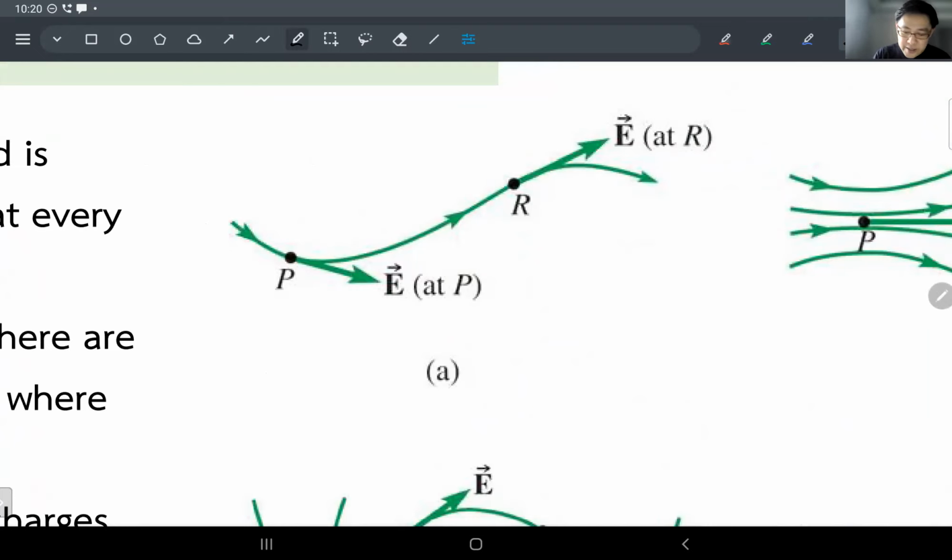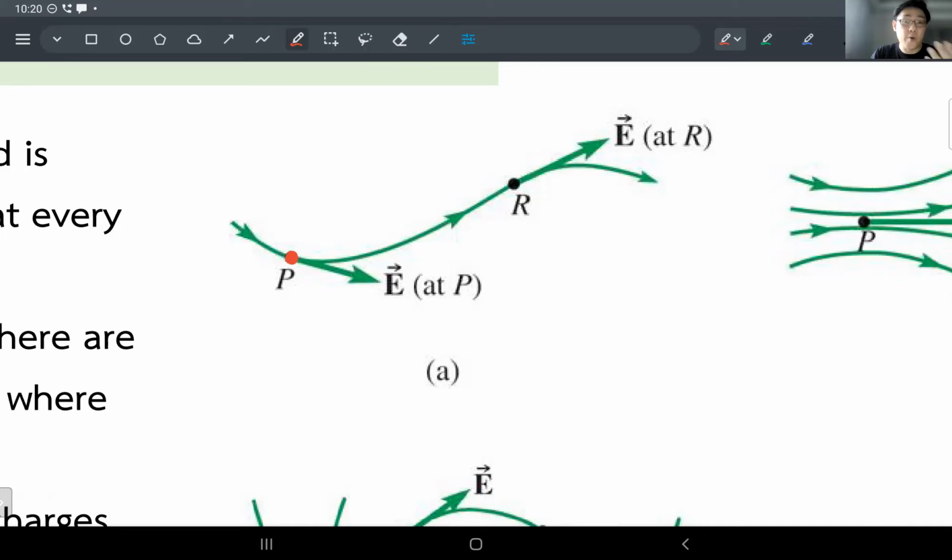That means every time you are looking at one point, the electric field always points in the tangential direction. Does that make sense? It has to be, because when you touch the curve at a point, you draw it just touching the vector that is pointing in that direction.